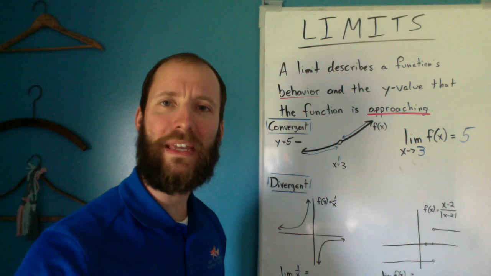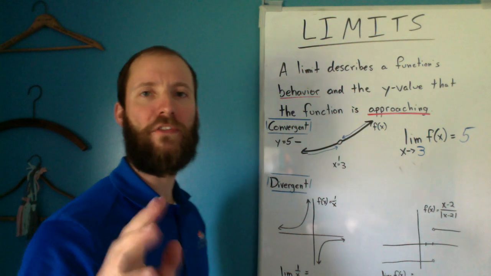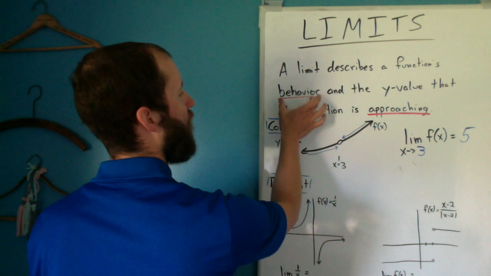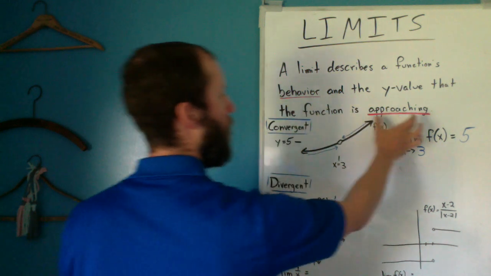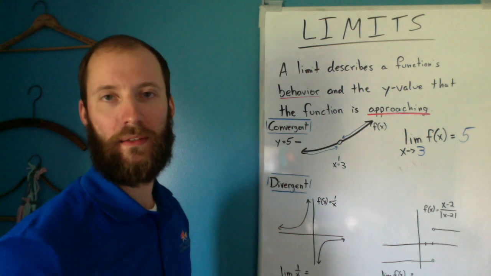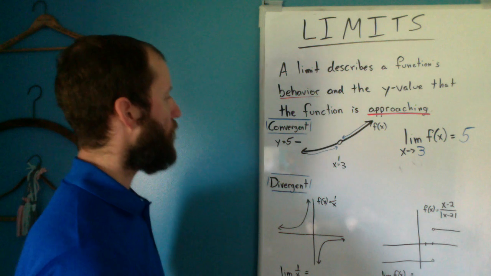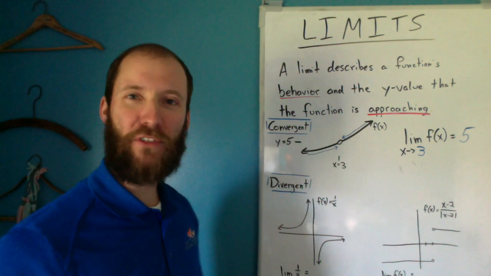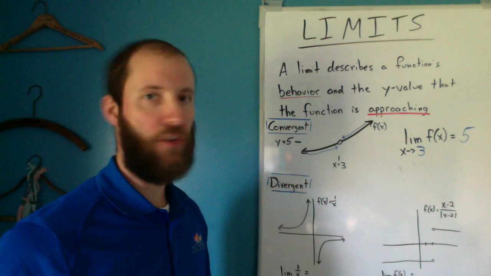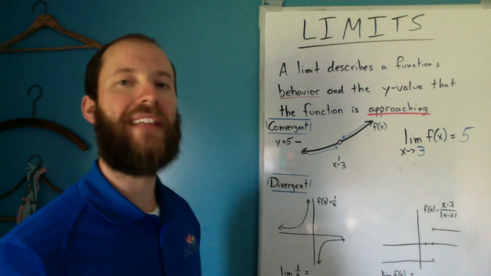But remember, a limit is not about what a function is. A limit describes behavior, what it's approaching. Okay? So, will this function ever equal 5? No. The function will never equal 5.